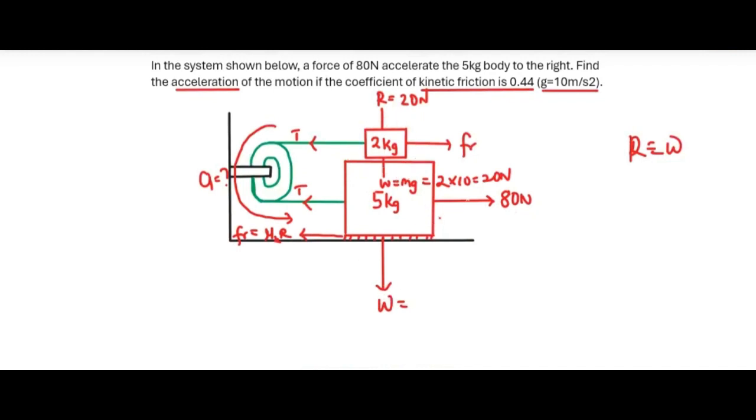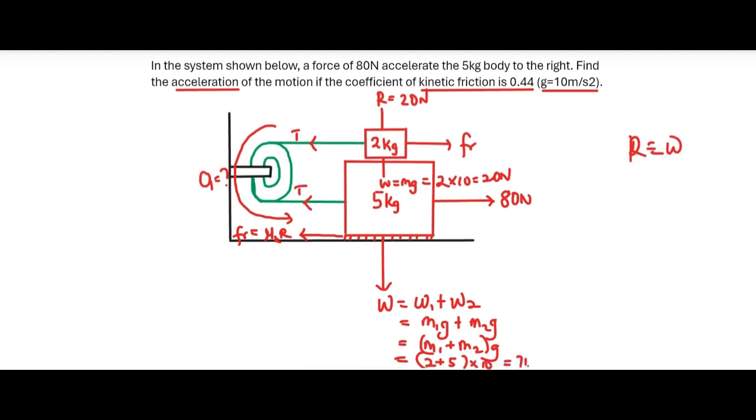So I have the weight of the first mass would give me W1, right, plus the weight of the second mass. So the first mass here is 2. So I have mass 1 g plus mass 2 g, right? So the whole of that gives me M1 plus M2 into bracket of g, right? So what's my M? My M is equals to 2 plus 5. That will give us 7 times 10 meters per second square.